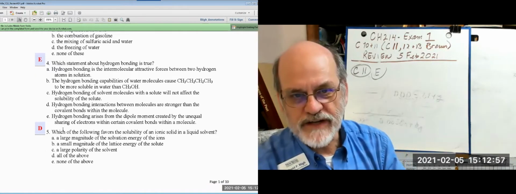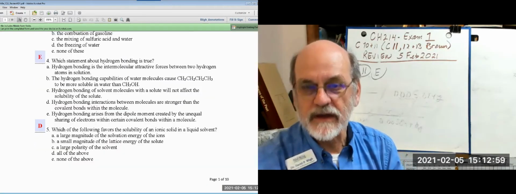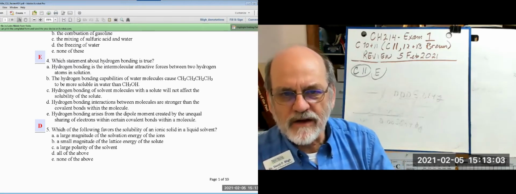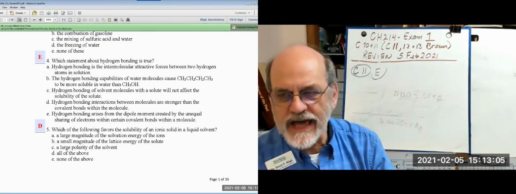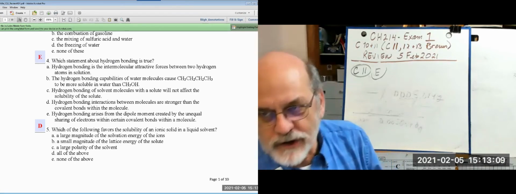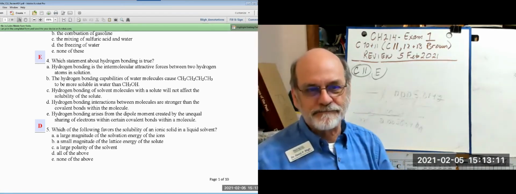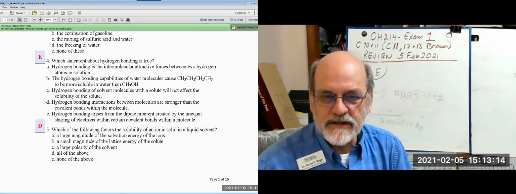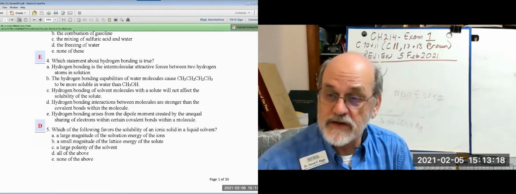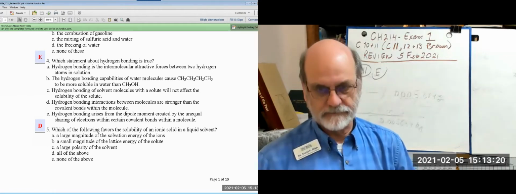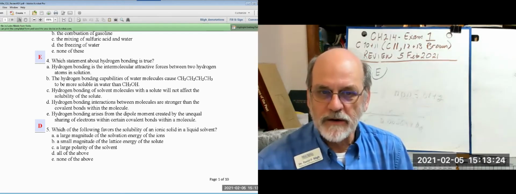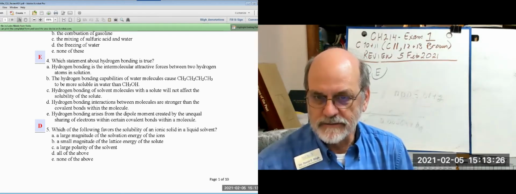4. Which statement about hydrogen bonding is true? Hydrogen bonding is the intermolecular attractive forces between 2 hydrogen atoms in a solution. False. We already looked at that one earlier. Hydrogen bonding capabilities of water molecules cause CH3, CH2, CH2, CH3, that's butane, to be more soluble in water than CH3OH.